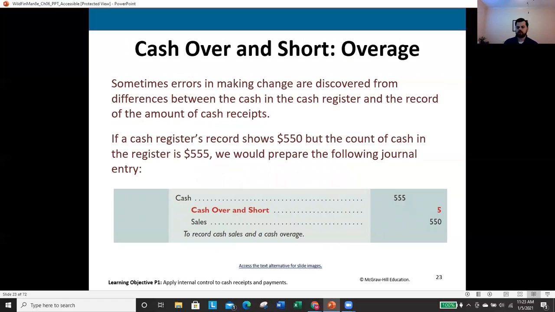Here's the deal. If you've ever worked as a cashier anywhere, you probably know that at times your drawer will not balance. This can happen as a bank teller, or as a cashier at a restaurant or a store. If you've ever had any responsibility along those lines, regardless of how good you are, it's very likely, if you were there long enough, that at some point, at least once, your drawer was off.